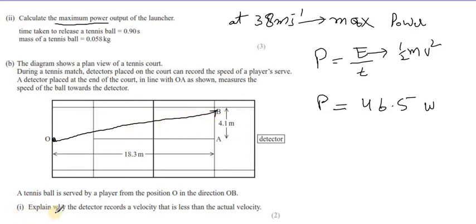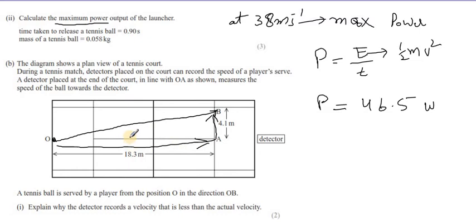Okay. Explain why the detector records a velocity that is less than the actual velocity. Because the detector is placed along the line OA, and you see for the velocity you have two components. You have a vertical component and a horizontal component of the velocity.